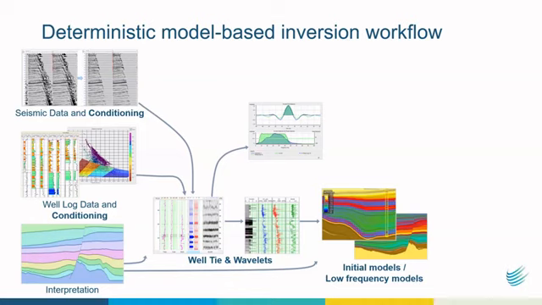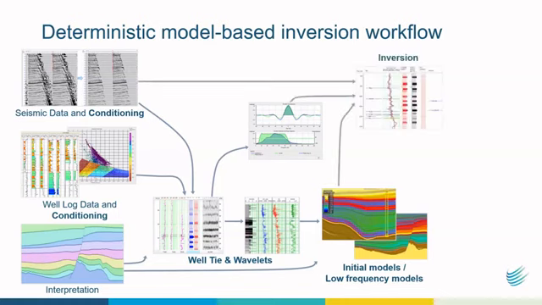Okay, we created these low frequency models, and in the case of this model-based inversion workflow, this low frequency model is our starting solution. The algorithm uses this low frequency model as a starting solution and compares the synthetic trace we have after inversion, which is shown here in red, with the real seismic trace.